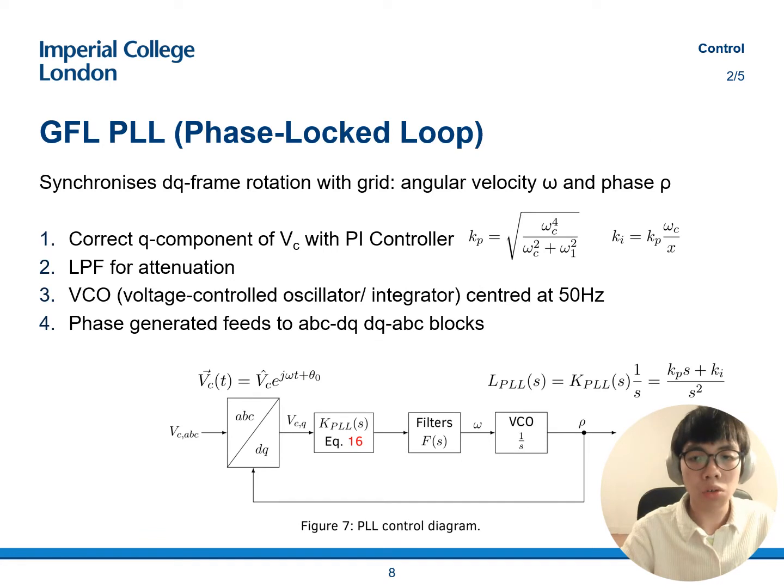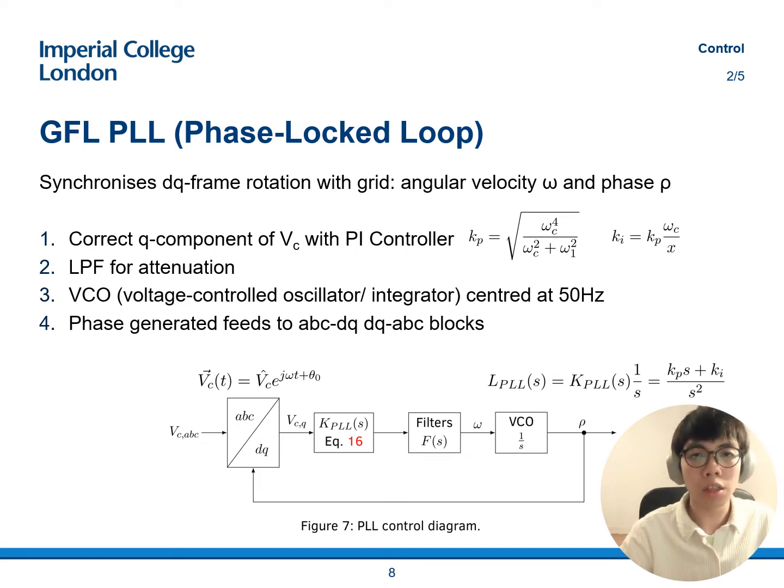In order to control the currents in the DQ domain, we will need a phase lock loop such that the DQ frame of the ABC to DQ transformation blocks is aligned to that of the grid. That means the angular velocity omega as well as the phase rho should be aligned with that of the grid.